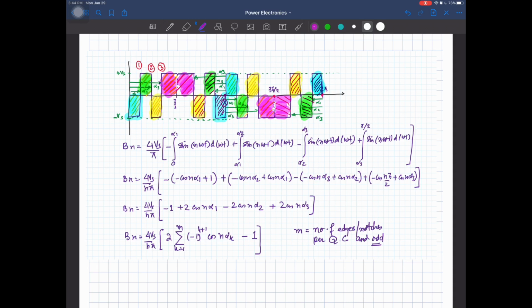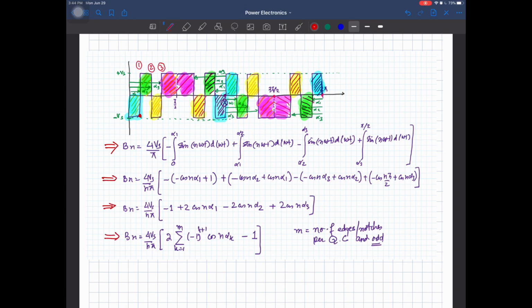So if we write down the expression for Bn for this particular case, Bn will be given by this one: from 0 to alpha 1 it is negative, then from alpha 1 to alpha 2 it is positive, then from alpha 2 to alpha 3 it is negative, and then from alpha 3 to pi by 2 it is positive. If we simplify, we are going to get these equations.